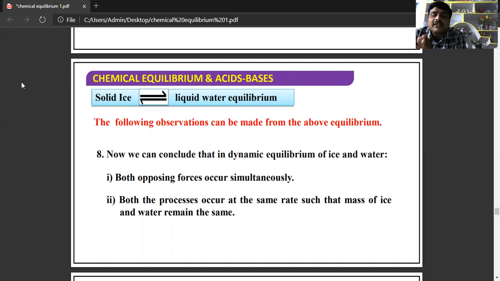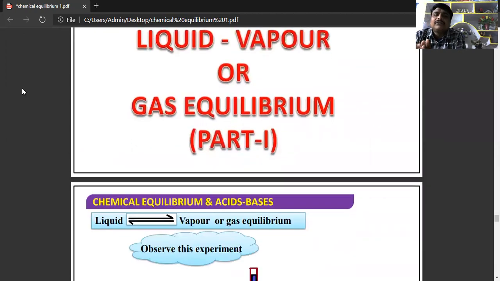So when we consider the dynamic equilibrium of ice and water, both opposing processes occur simultaneously, and both occur at the same rate, such that the mass of ice as well as water remains the same. Next, liquid, vapor or gas equilibrium.